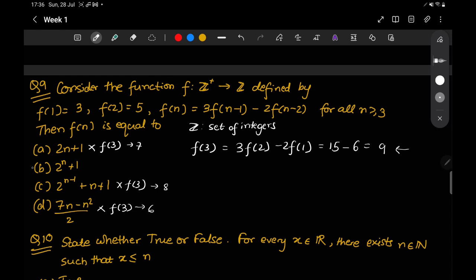And this, 2 to the power n plus 1, is then the correct option. You can see it satisfies for n equals 1, 2 and 3, and also for all the other n. And you can also see this thing. Let us look at the expression. If we use this expression 2 to the power n plus 1, then we have 3.